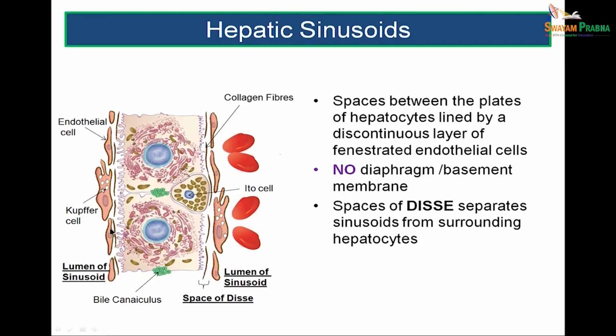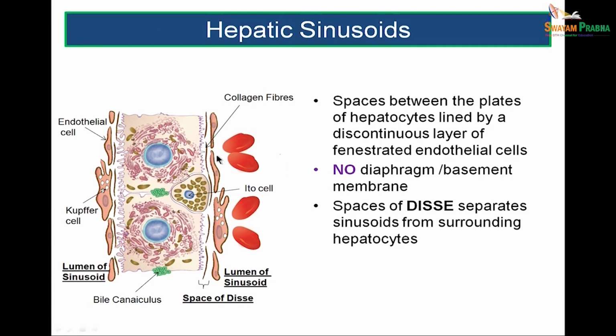Besides these cells, we just have the endothelial lining of a sinusoid. So, on both sides here is the lumen of the sinusoid. This is the bile canaliculus between adjacent hepatocytes, and this is the space of Disse that we have just discussed, lying between the endothelium and the sinusoidal surface of the hepatocyte.